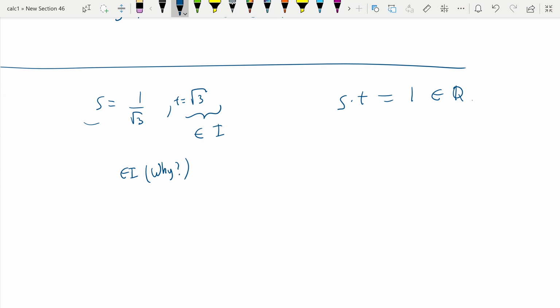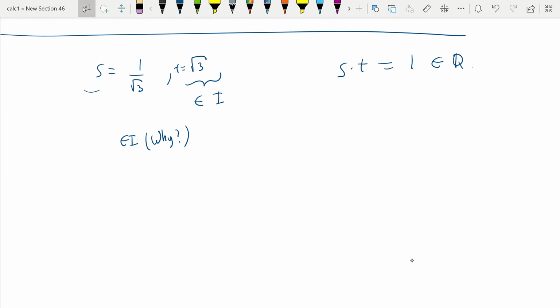So what about multiplying two irrational numbers? Is it possible to obtain an irrational number by multiplying two irrational numbers?